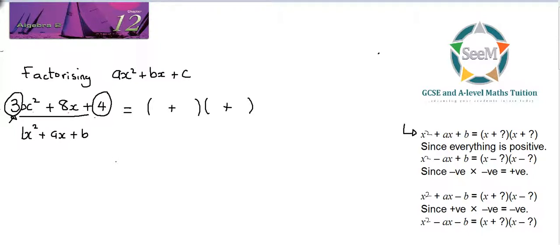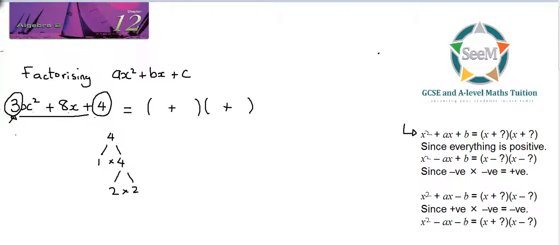So how do we do this? Previously, when we wanted to work it out, we had to consider the factors of 4. So here I would write the factors of 4 are 1 and 4, 2 and 2, 2 times 2.